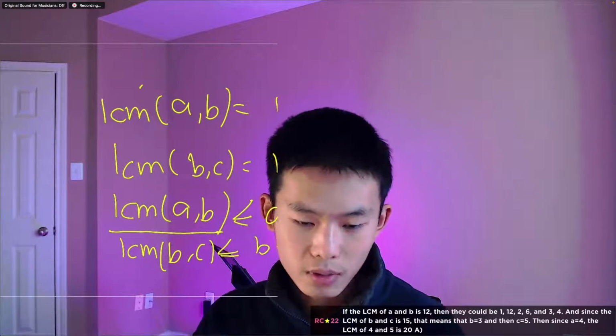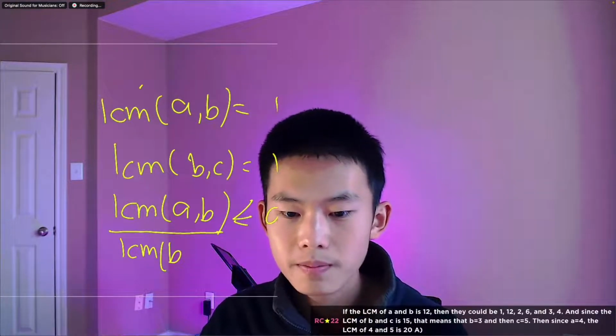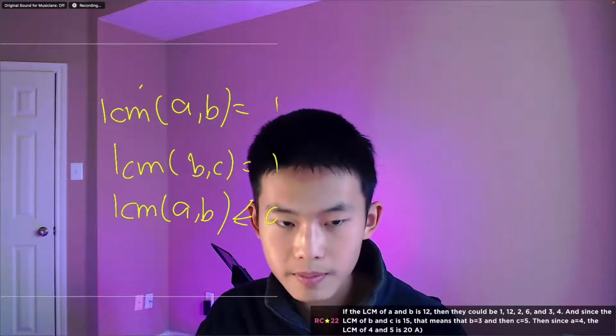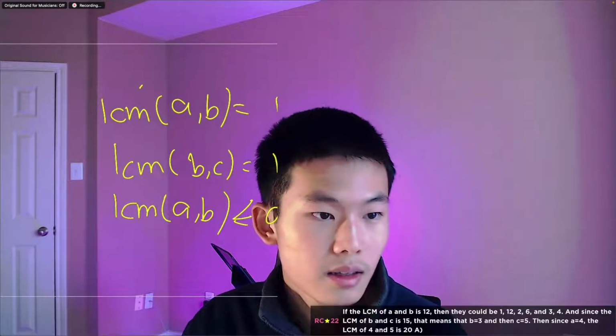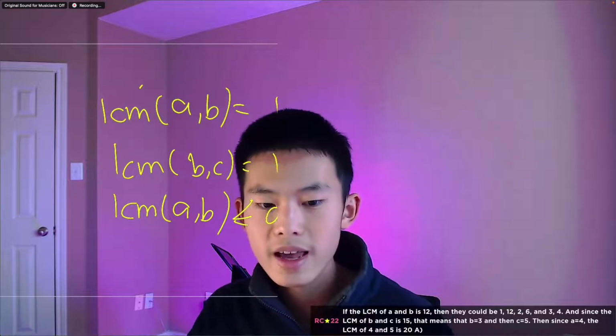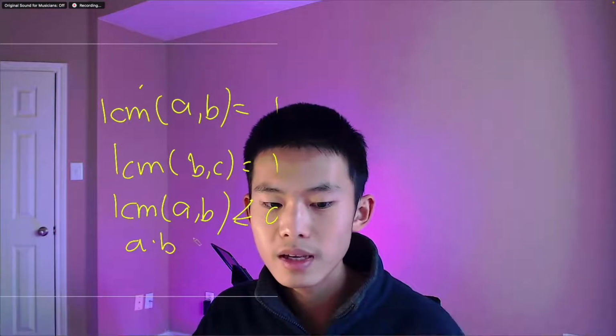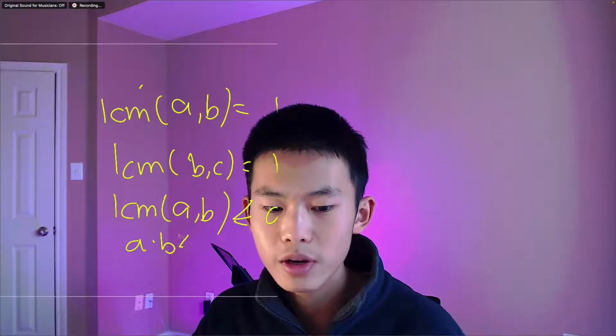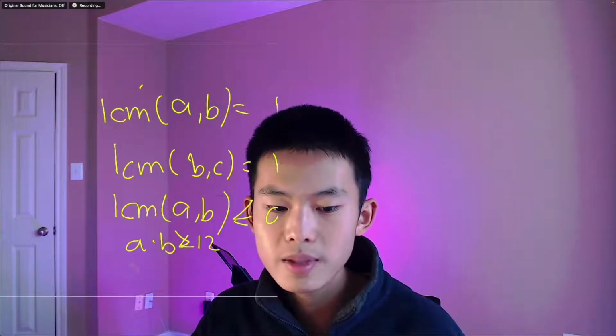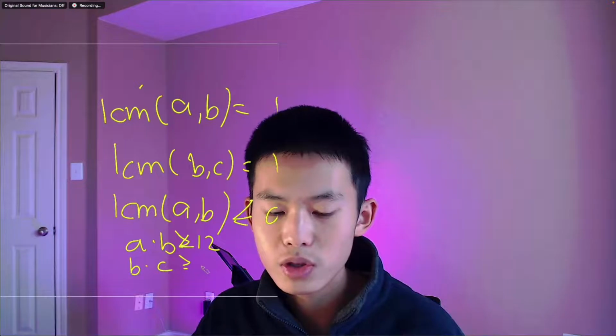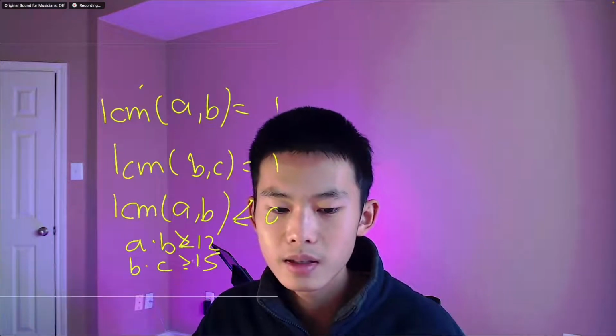Because of this, we can see that A times B is going to be greater than or equal to 12, and B times C is going to be greater than or equal to, I believe, 15.